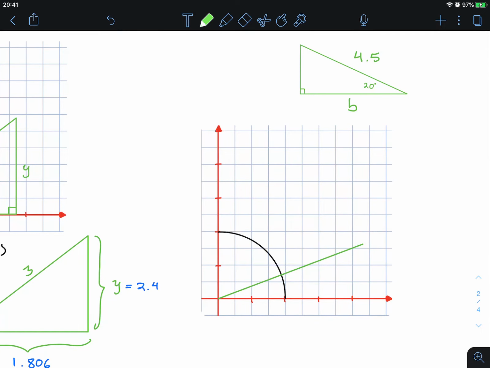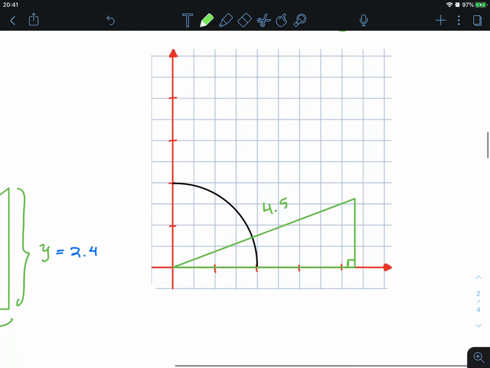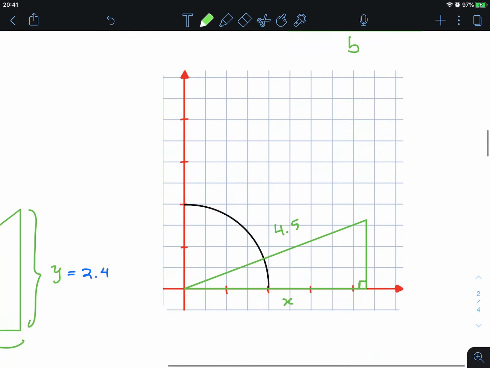And then from there we're going to draw the perpendicular height. And we're looking for this length of x, really. It's on the x-axis. And that is 20 degrees.